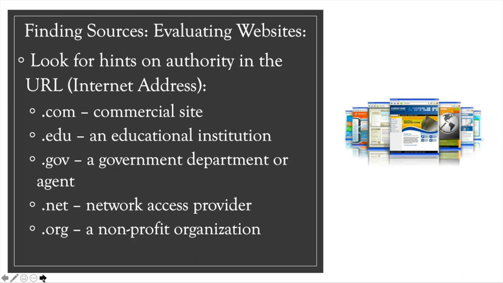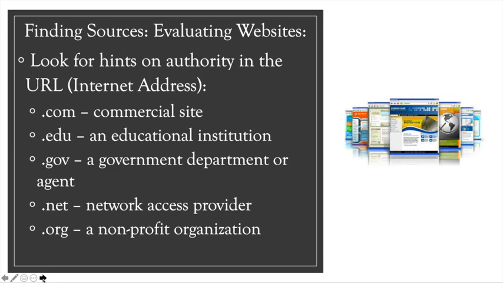.com are commercial sites. Anybody can purchase that website, use that website, which means that we've got to go deeper into the website to make sure that it's credible. Same thing with .net, network access provider, which means that someone can purchase access to use that web address.